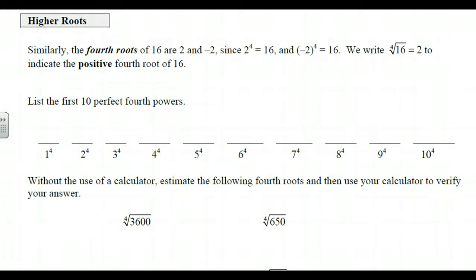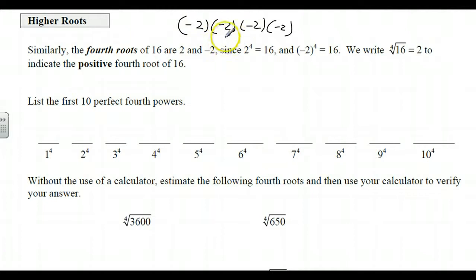What's next? Higher roots. Go higher. Similarly, 4th roots of 16 are 2 and -2. Okay, so when we have an even power, 2, 4, then if we take -2 to the 4th, right, -2 times -2 times -2 times -2, 4 times, these two negatives pair up.